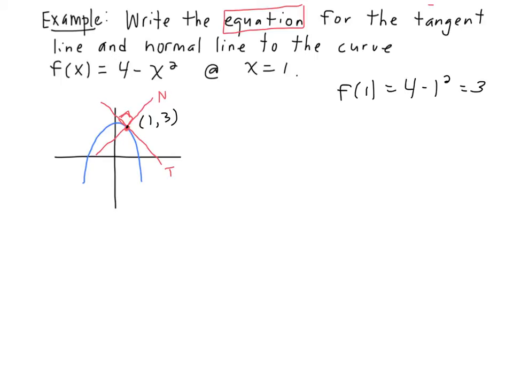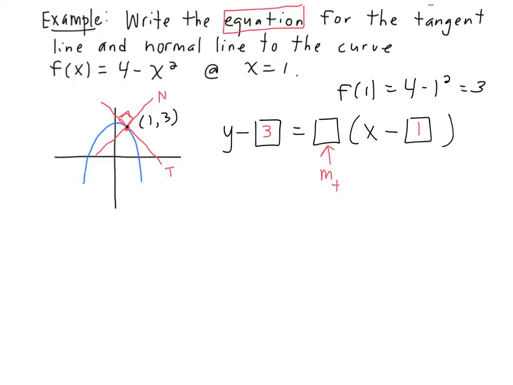So let's set up our point slope formula. Recall, this is where we have the 3 boxes to fill in. The y value goes in that box. The x value goes in the last one. In this box we need our slope, and we're going to first find the slope of the tangent.